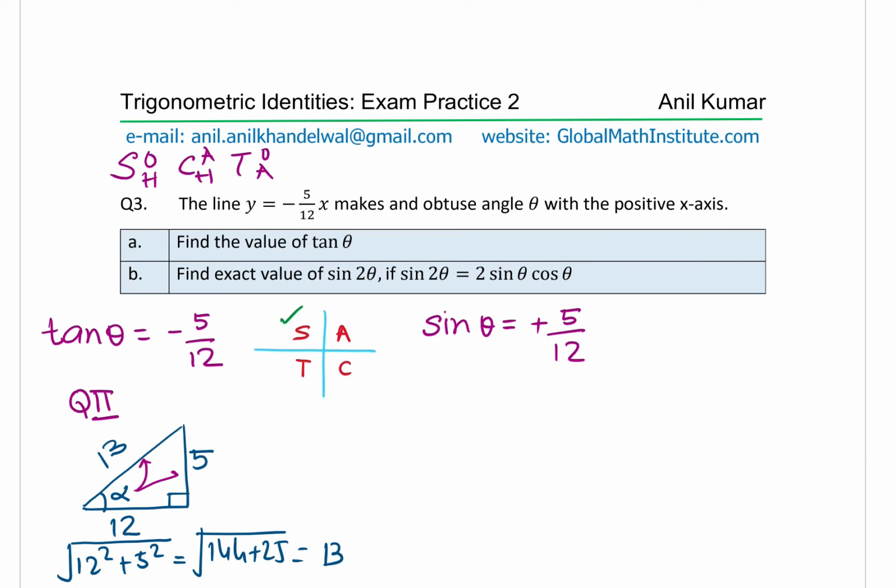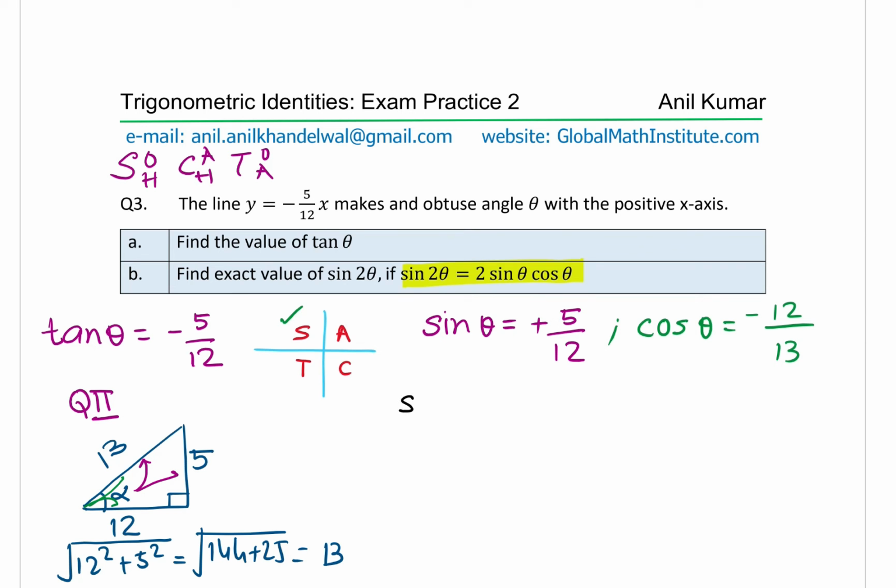As far as cosine is concerned, cos theta is adjacent to hypotenuse. So it is 12 over 13, but it is of negative sign since we are in quadrant 2. Right? We need to find the value of sine 2 theta, which is equal to 2 times sine theta cosine theta.